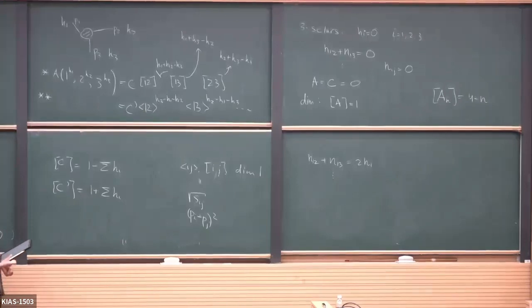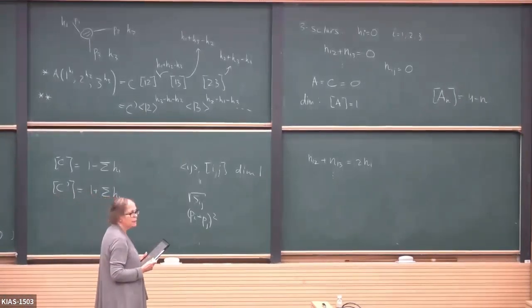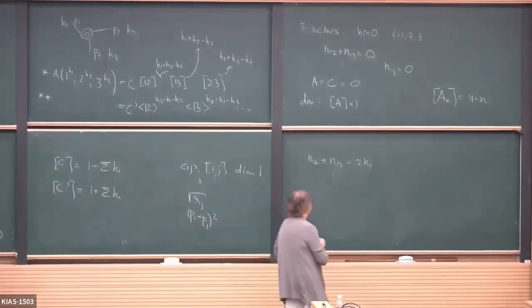My question is, what are n1, n12 and n13? They are the powers of the spinor brackets.